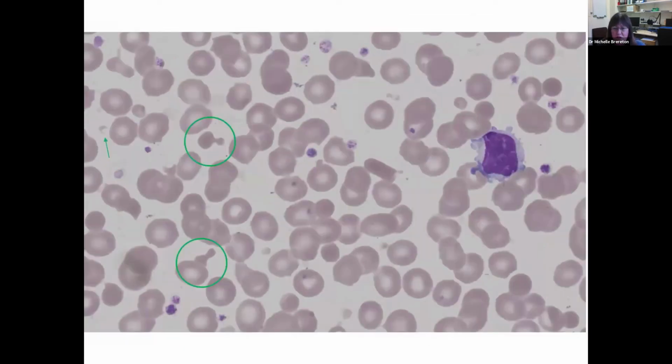Having a closer look at high power and trying to get a closer look at some of the odd things that are going on, we can almost convince ourselves that we might see how the microspherocytes are being formed, in that we've got a bud-like protrusion coming from some of the red cells, and I hope I've circled them in green that you can see.